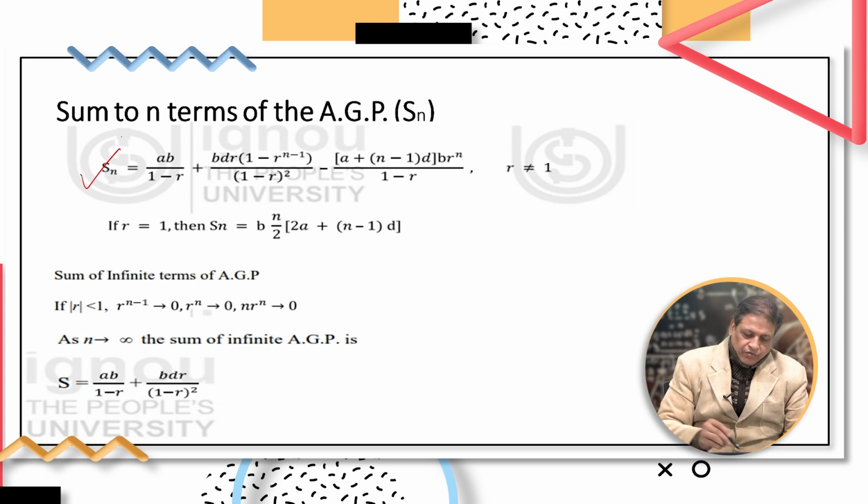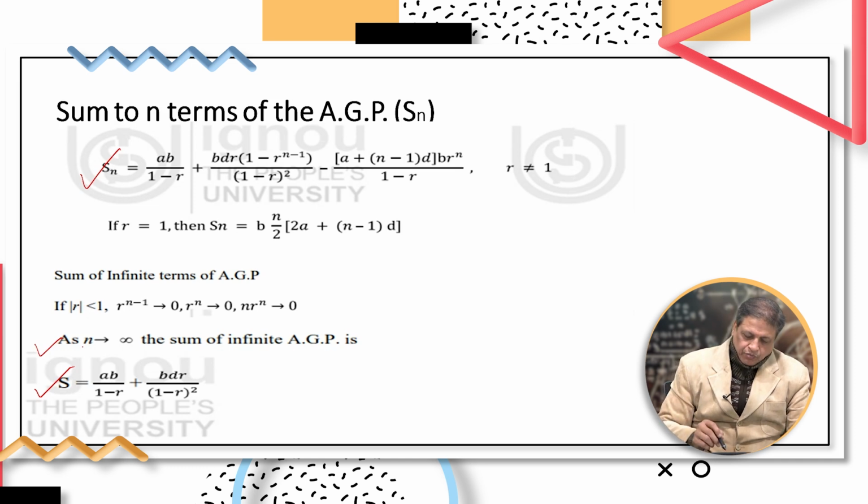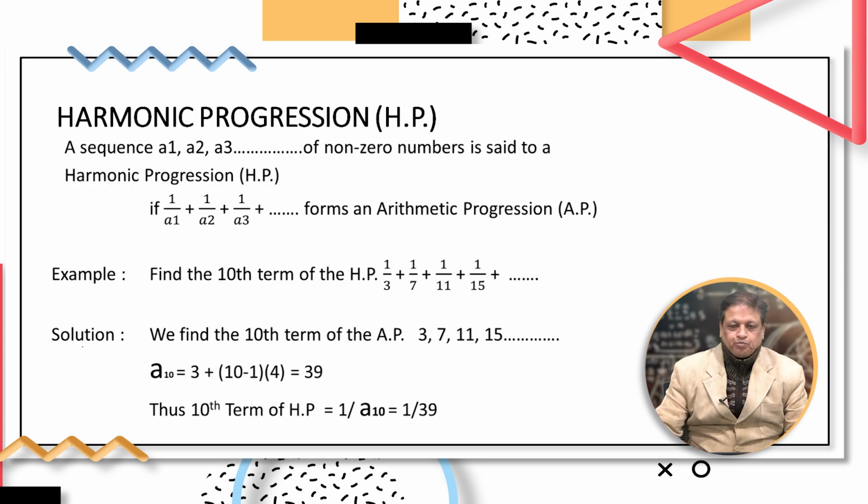And we learned that when n tends to infinity, the sum formula of the n terms reduces to AB upon 1 minus R plus BDR upon 1 minus R whole square, where A and B are the first terms of the arithmetic and geometric progression respectively, R is the common ratio, and D is the common difference for the arithmetic progression. I hope you are able to recall how we had solved several numericals when we were exploring this concept of sum of n terms of the arithmetic and geometric progression.